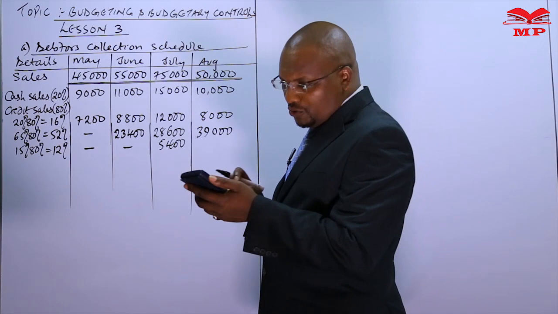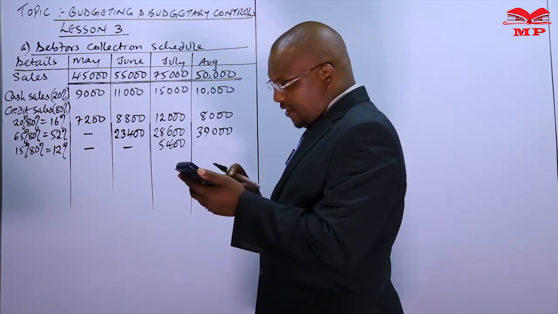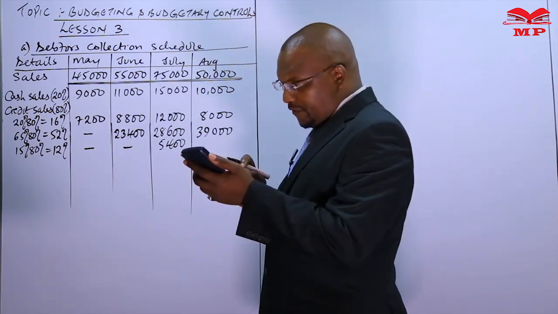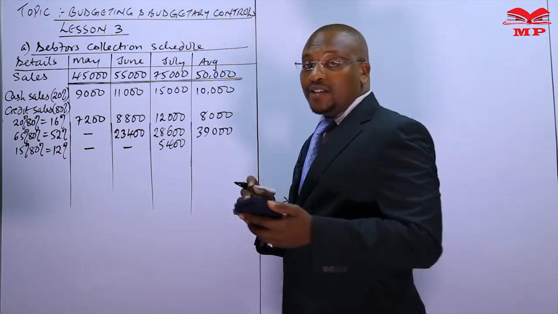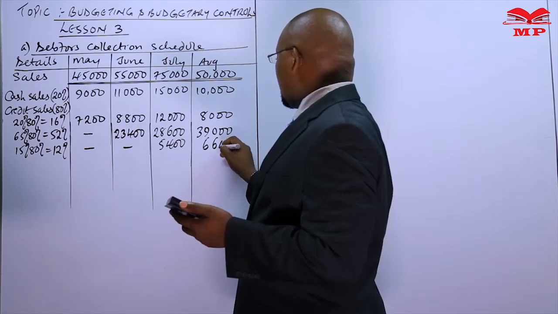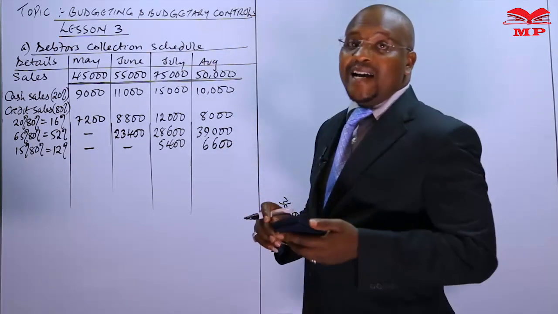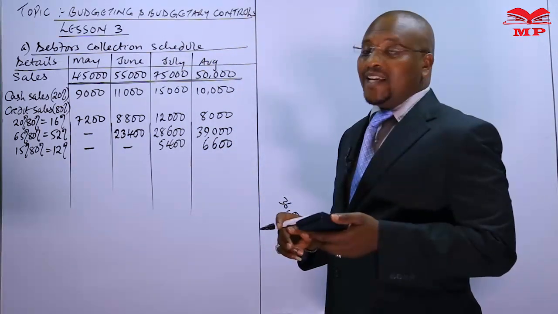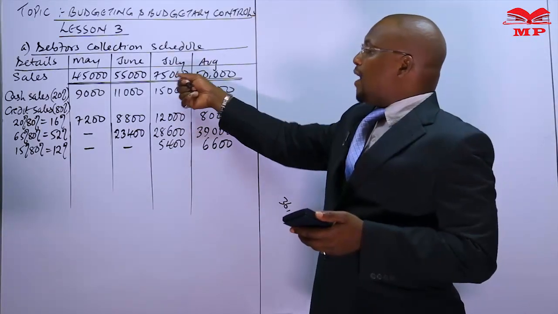The 0.12 times the sales of June, which is 55,000, is 6,600 to be collected 2 months after. Meaning by the end of August, we will not have collected the 12% of July and August.